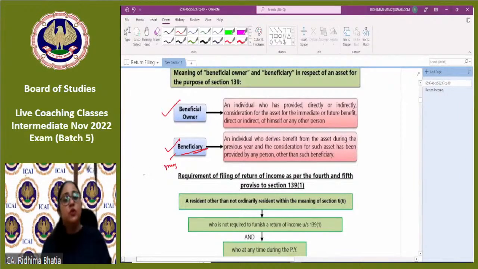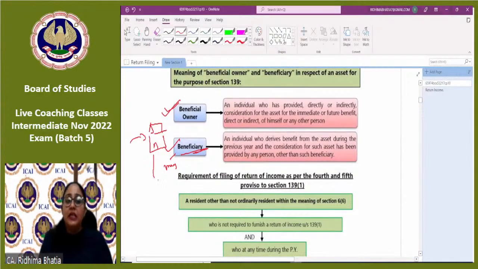If a person has paid the consideration and is enjoying the benefit of that asset, he is a beneficial owner and also a beneficiary. But if a person has paid the consideration, but the other person is getting the benefit from the asset, the other person is the beneficiary. So, for example, if you have a house located outside India, and you paid the consideration, then you are the beneficial owner of that house.